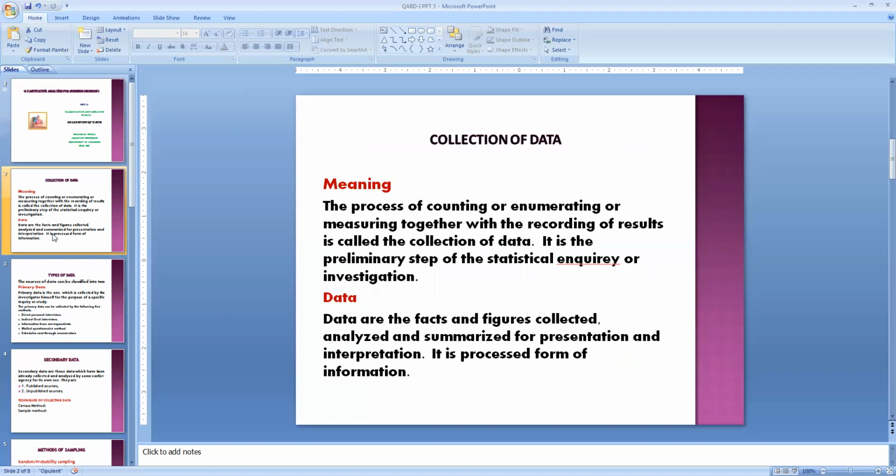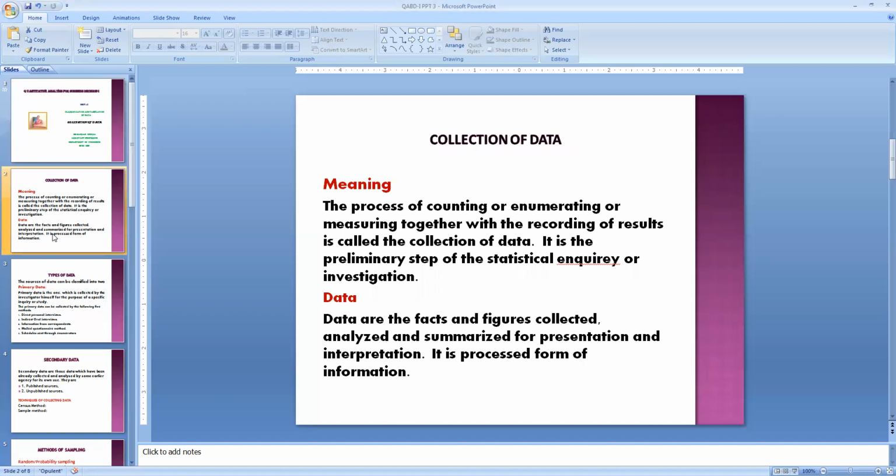We know that collection means assembling. We are going to assemble the required form of the data, the same nature of data, or the homogeneous form of data, together. Then we are going to start processing the data.